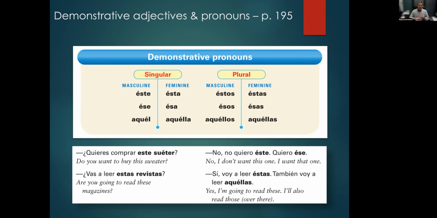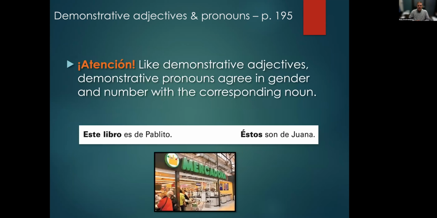And the second one, revistas, feminine and plural, so we have estas and aquellas. So it's still agreeing with the original noun, which it modifies or takes the place of. Just like demonstrative adjectives, these demonstrative pronouns change in gender and number with the corresponding noun.